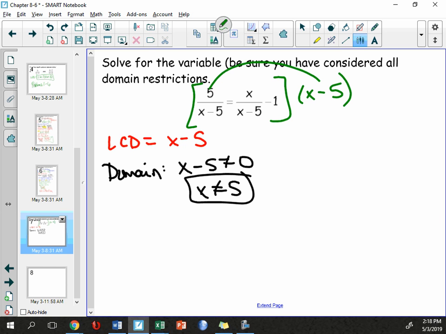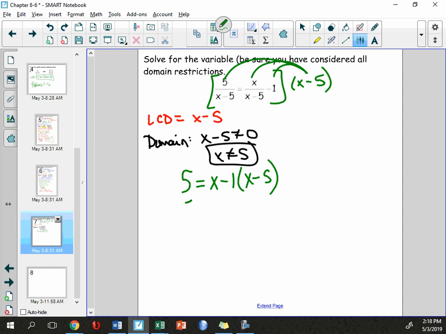Distribute it in. What remains? 5 remains, equals, go to the next fraction, x remains, and is the last one a fraction? No, so what should you do to it? You have to multiply, so that's minus 1 times x minus 5. Do we see that? You can't drop the minus sign because you're subtracting off not one term, but 2 terms. So distribute.